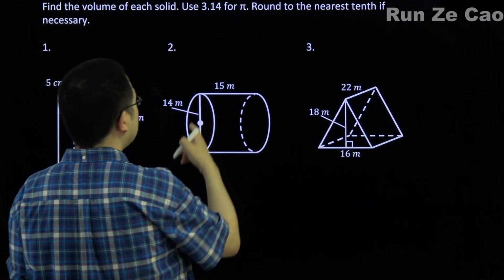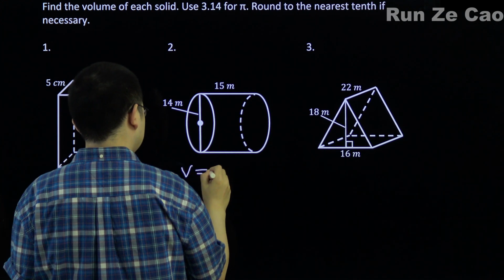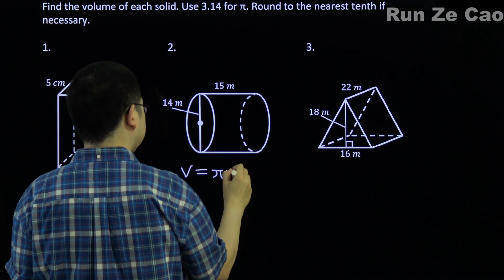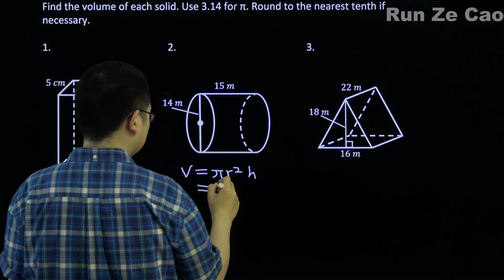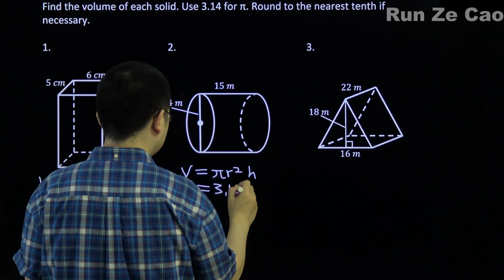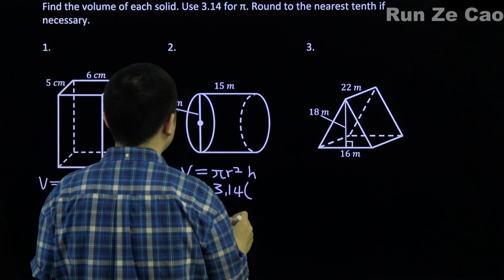14 meters diameter and 15 meters height. Well, volume is base area, which is pi r squared, times height. So we're looking at 3.14, because that's what we're using for pi, times r squared.